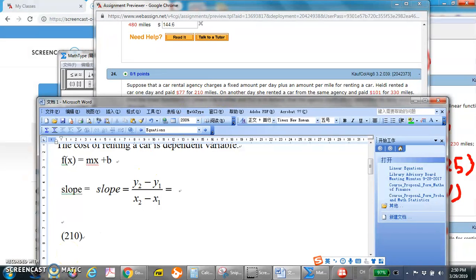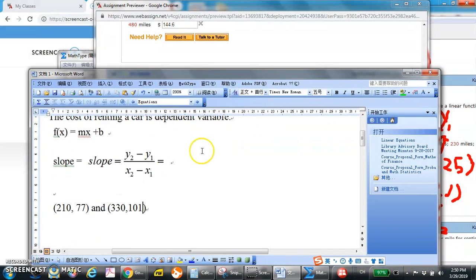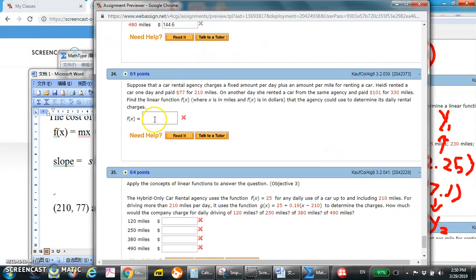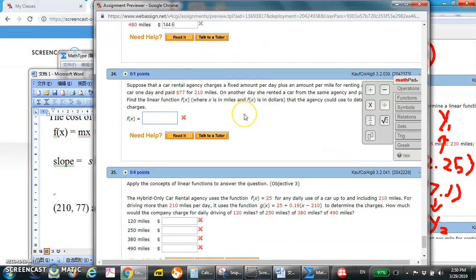So 210, 77, and 330, 101. Then first you use the formula to find the slope, and then use one of the points and plug into the point-slope form. Then you will be able to find this linear function.